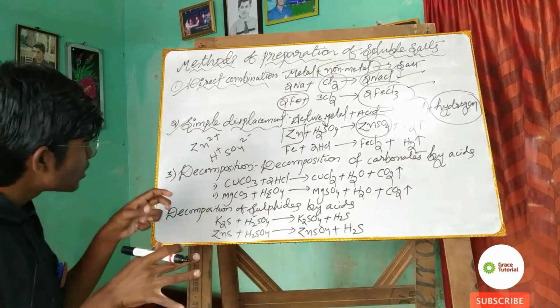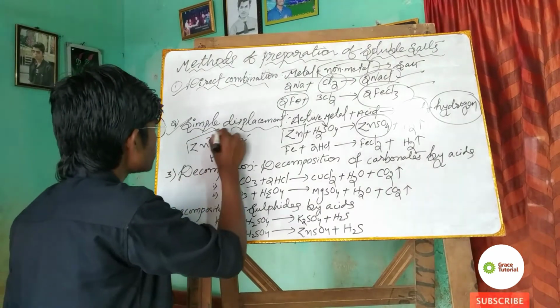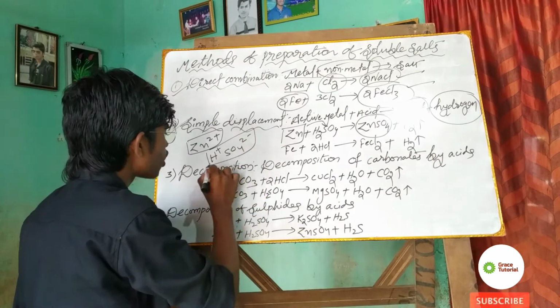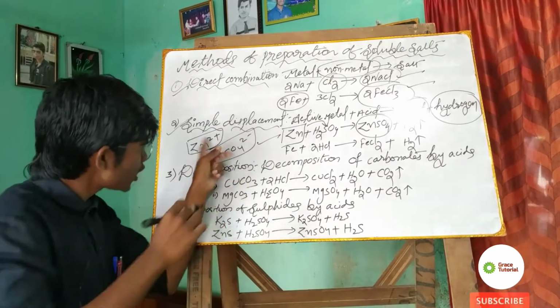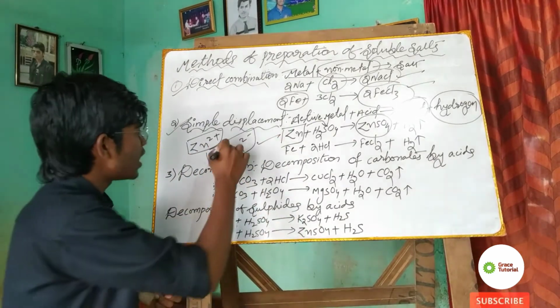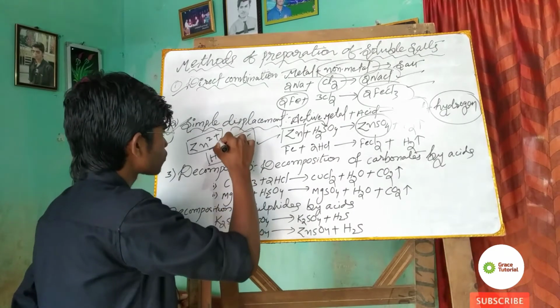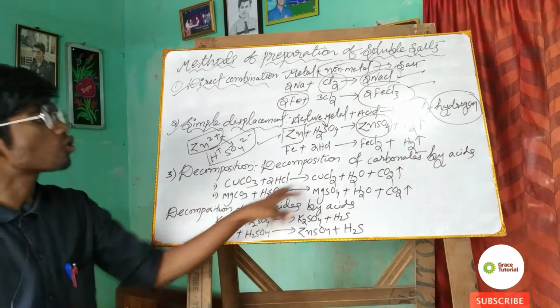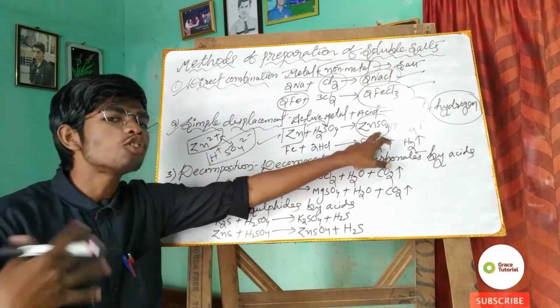You know that since the zinc is a positively charged particle, it reacts with the negatively charged particle of the compound, that means the Zn2+ reacts with SO4 2-. So what happens? The Zn2+ reacts with SO4 2- to form ZnSO4, that is zinc sulfate.